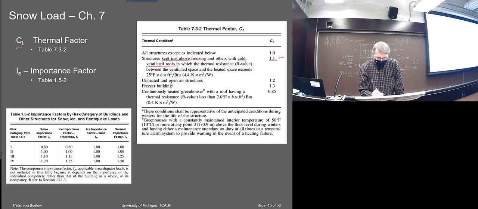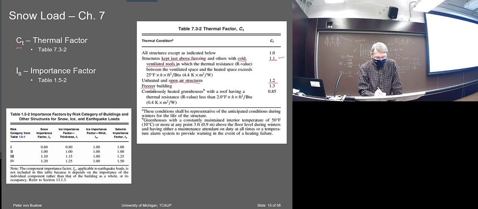Unheated open air structures. Okay, so that would be open air. I guess this is maybe a pavilion, doesn't have walls, and it's totally unheated and open to the air. So that would be 1.2.